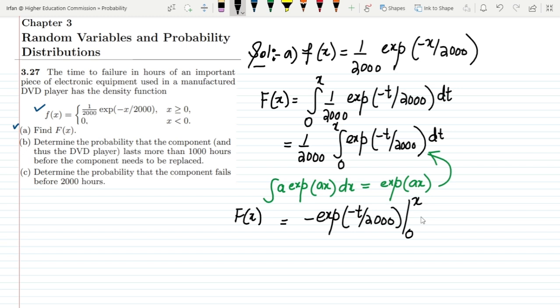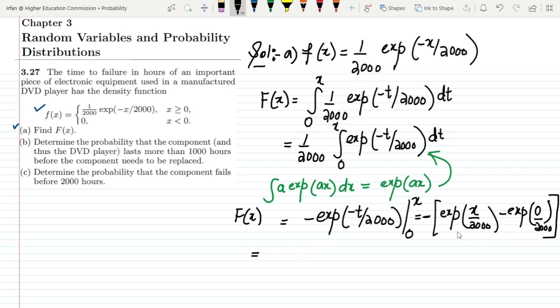Writing the ranges, it will be minus the exponential of minus x divided by 2000, subtracting the exponential of 0 divided by 2000.